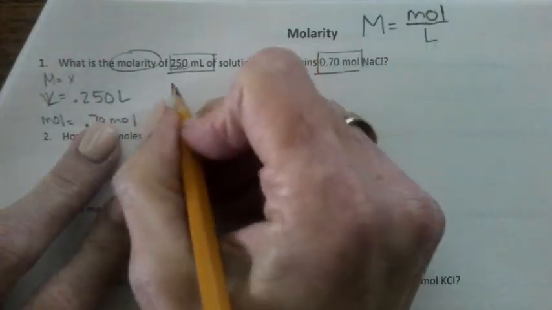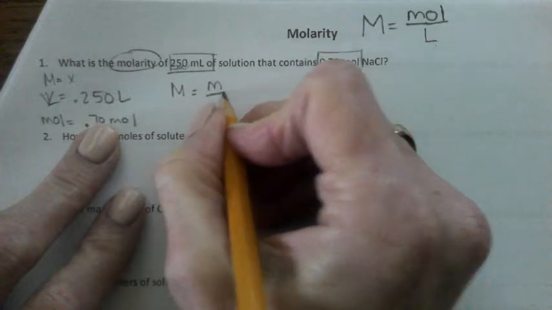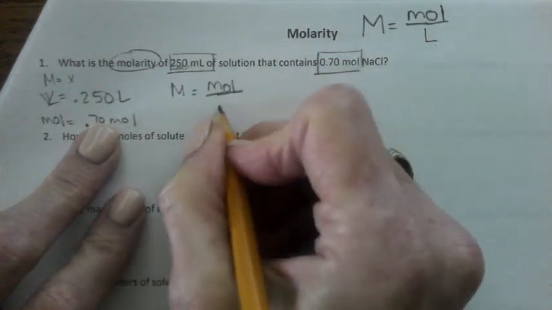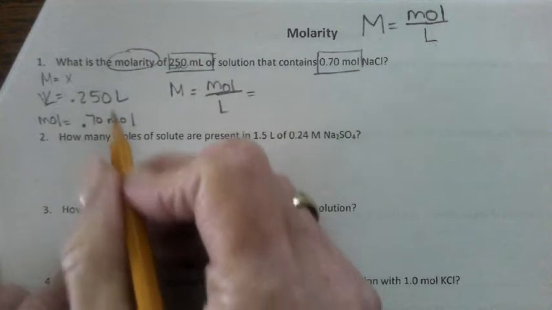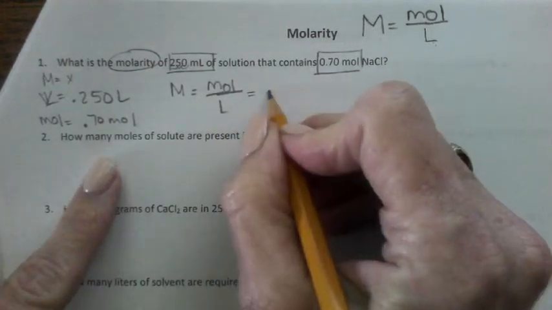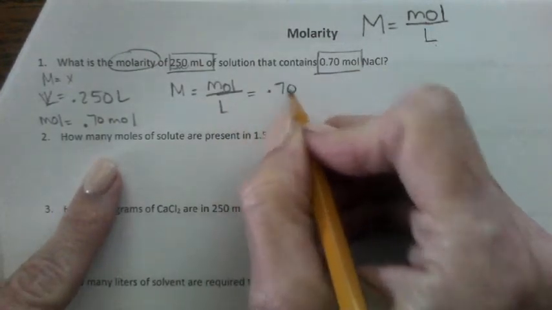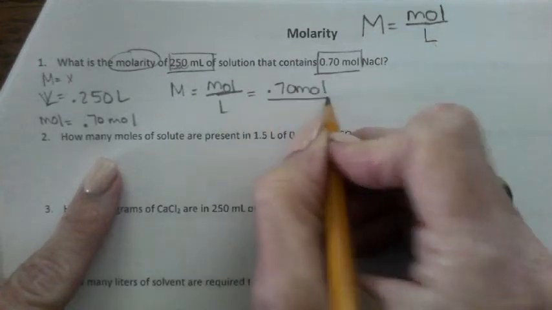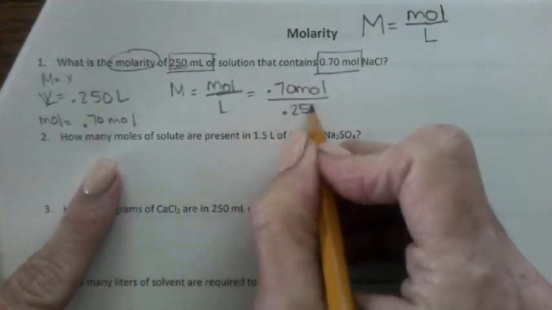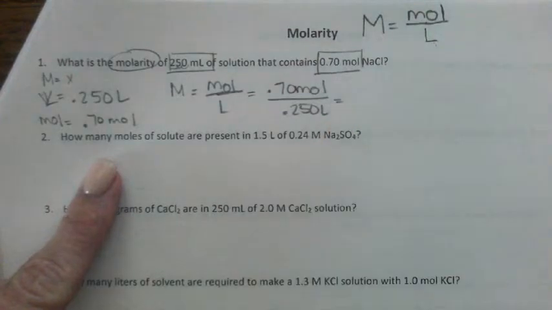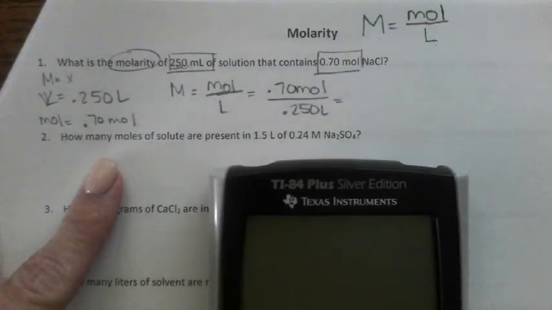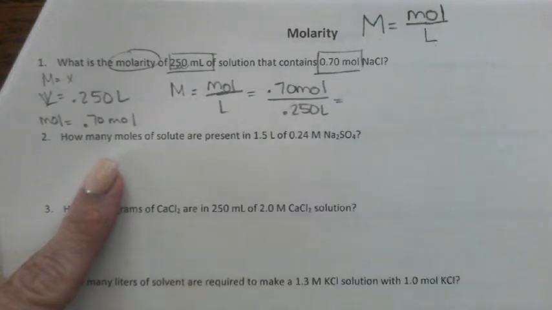Okay, so the formula again, molarity is moles over liters. Plug my numbers in for the variables. 0.70 moles over 0.250 liters, and that's going to give me a molarity. 0.7 divided by 0.250 gives me a 2.8 molar solution.